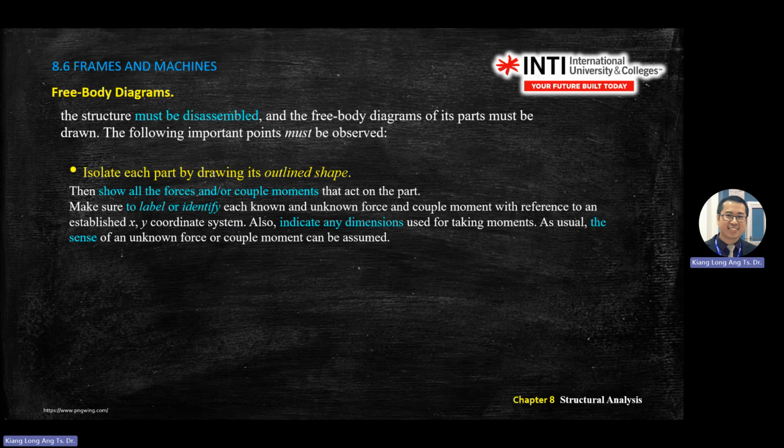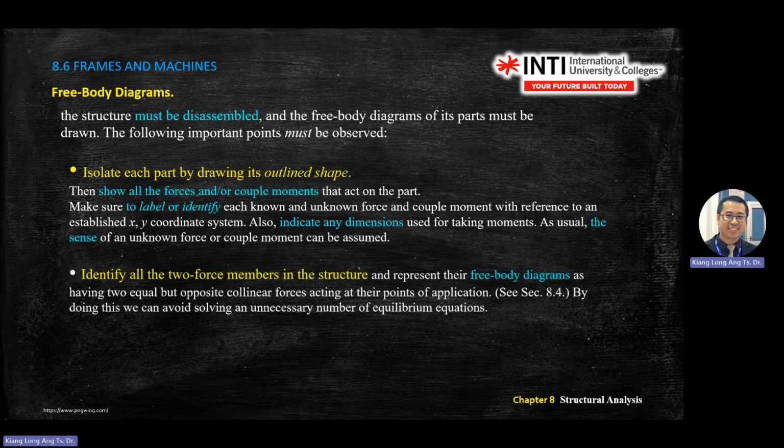If you compare the steps to the truss earlier, truss we look at pin and joint. Then we transfer the forces into the member. This one, we break them into different parts. Then we identify all the two force member in the structure. First, you isolate them. Then after that, you find which one is the two force member, and the rest you see.